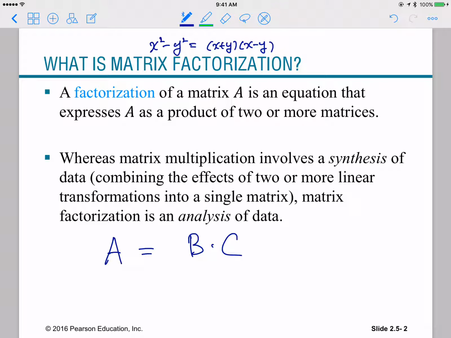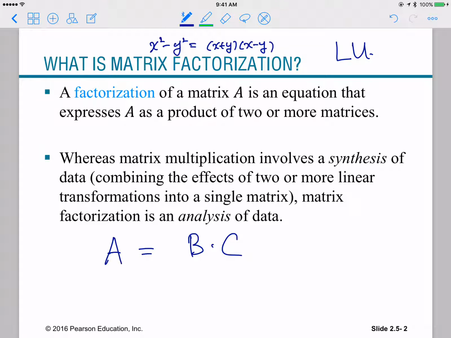Okay, so there are at least maybe 100 different matrix factorizations. And today, as a starting point, we will learn the very first matrix factorization in our life. That is called the LU factorization.